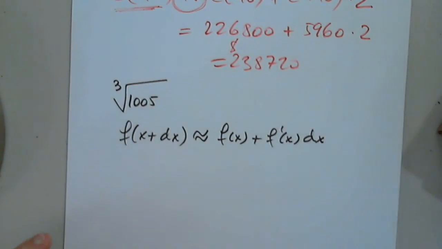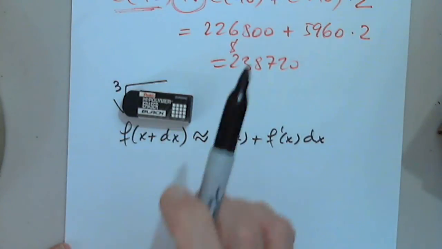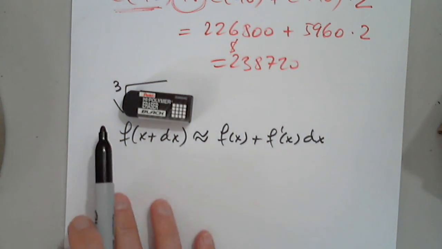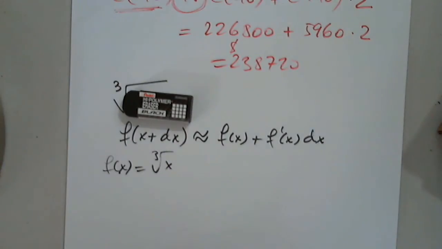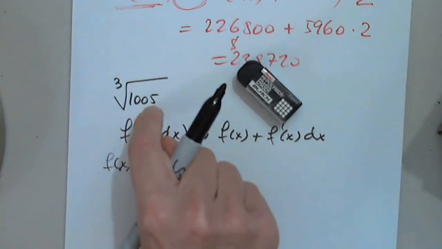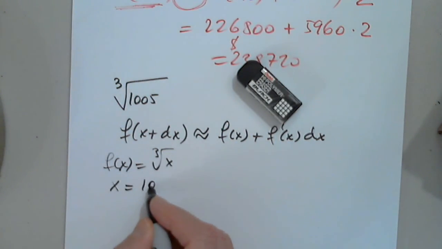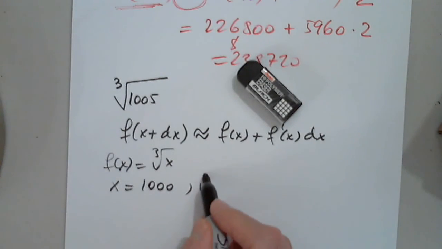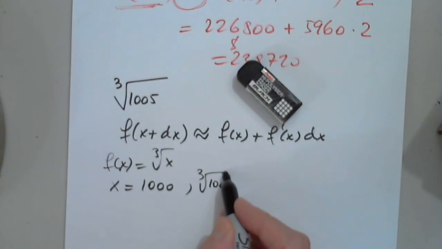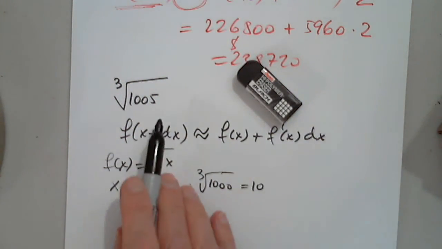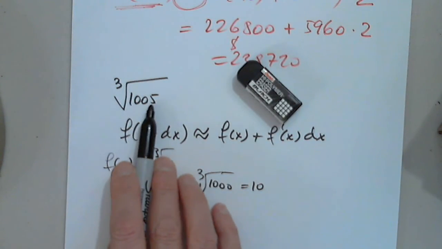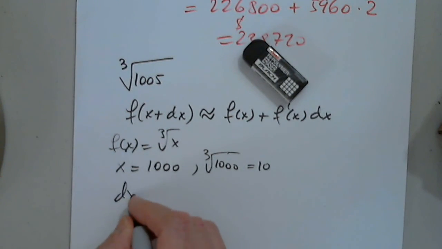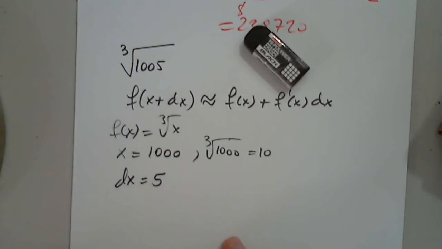I know that the function is the cube root. So f of x is the cube root. x is exactly 1,000 because I can take the cube root of 1,000 and I get 10. And this is a minor error in comparison to 1,000. 5 versus 1,000, this is minor. So this is the dx, which is 5.